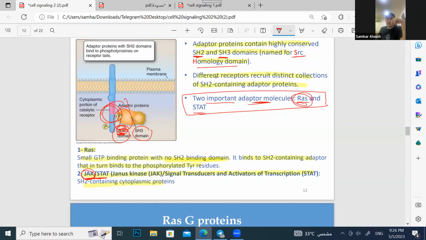We said Ras doesn't have SH2, so it uses an adapter protein, which is GRB2. Other than that, we have Stat that uses Jak as an adapter protein. So this line is wrong. It's two important things that need adapter molecules, which are Ras, that needs GRB2, and Stat, which needs Jak.